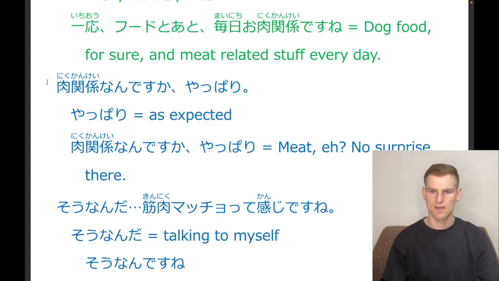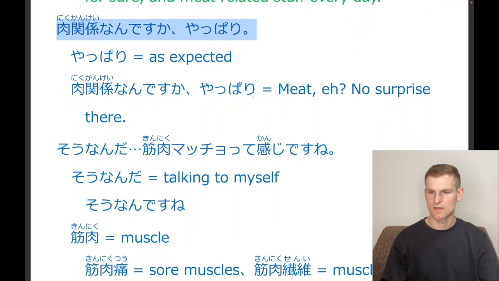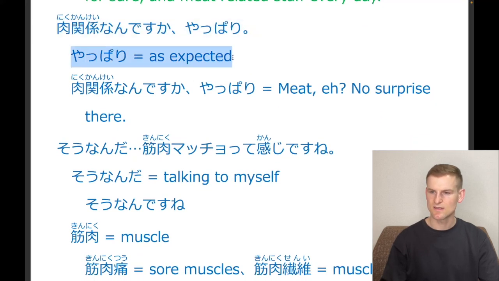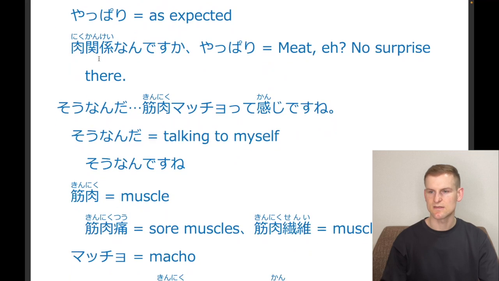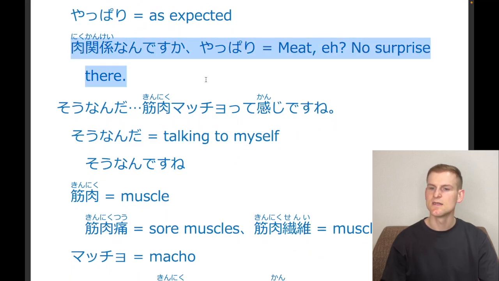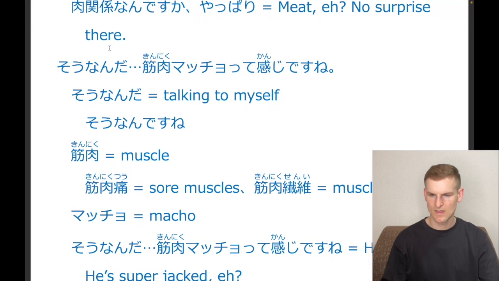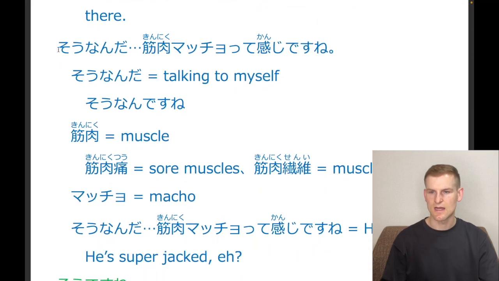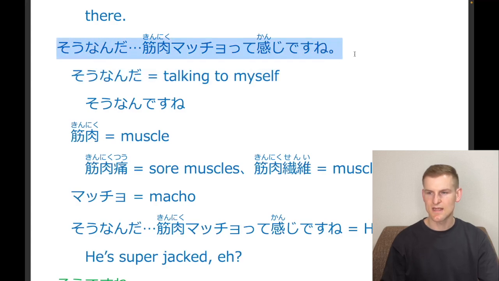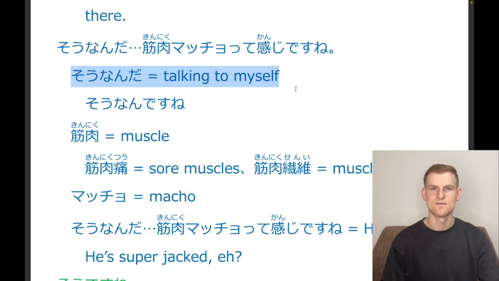I respond 肉関係なんですかやっぱり. やっぱり is like "as expected." We've already looked at なんですか right after a noun. So 肉関係なんですかやっぱり, so meat, eh? No surprise there. He's quite a big dog after all, yeah? そうなんだ筋肉マッチョって感じですね. そうなんだ, I'm kind of just talking to myself. I think there's a little pause in the conversation. I wanted to fill it.